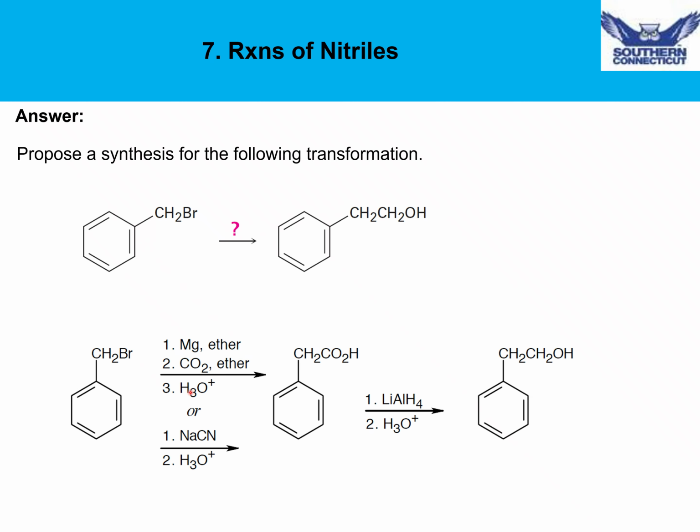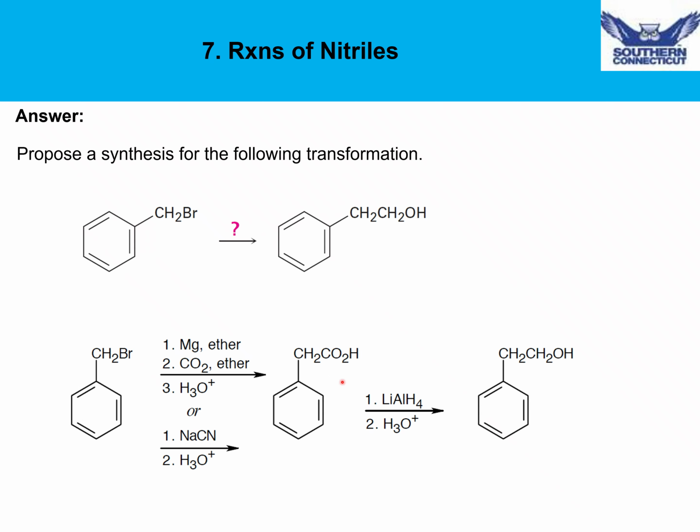And then if we add aqueous acid, we can end up with a carboxylic acid shown here. We can do a similar reaction by using sodium cyanide to do an SN2 reaction on this alkyl halide and add a nitrile group. And then if we hydrolyze that nitrile group, either under acidic conditions as shown here, or under basic conditions, we can convert it into a carboxylic acid.